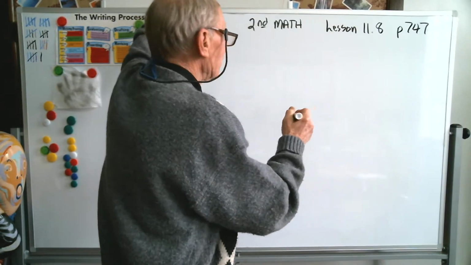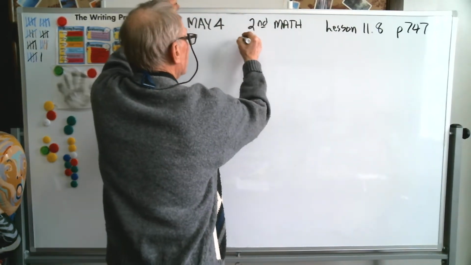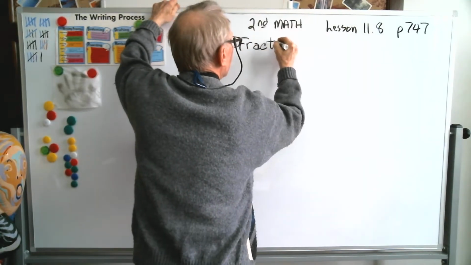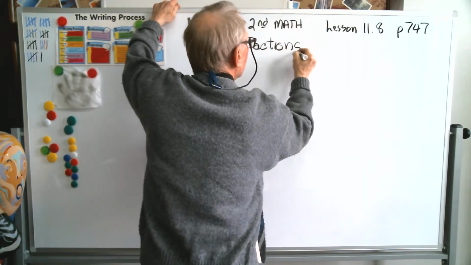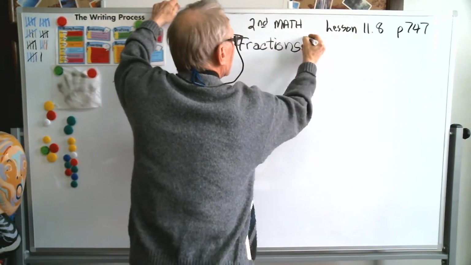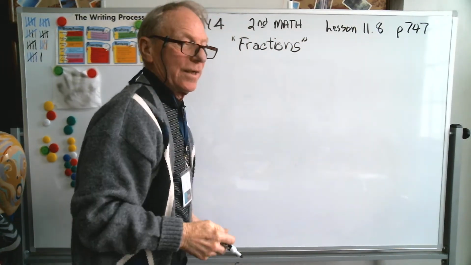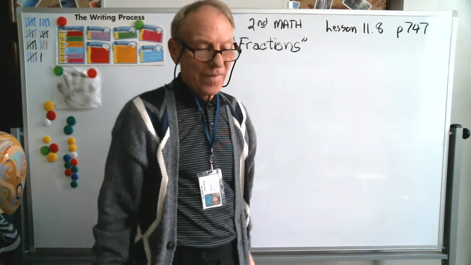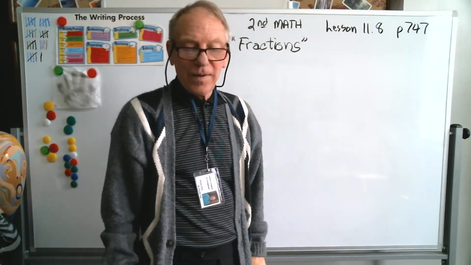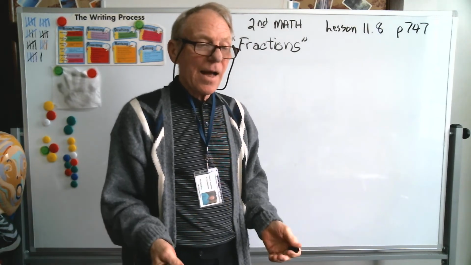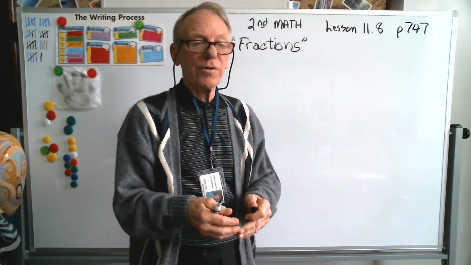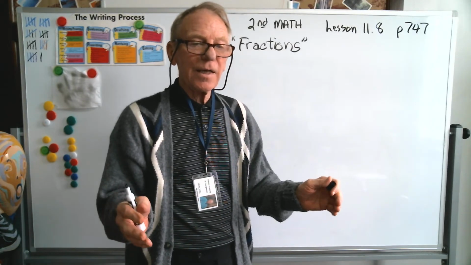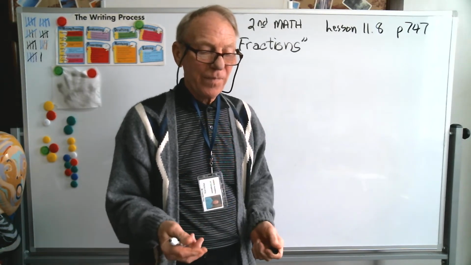So what you're getting an introduction to here is fractions. And there's a word that scares every math student half to death. Fractions. Anytime something is a part, a piece of something, it's a fraction of it.